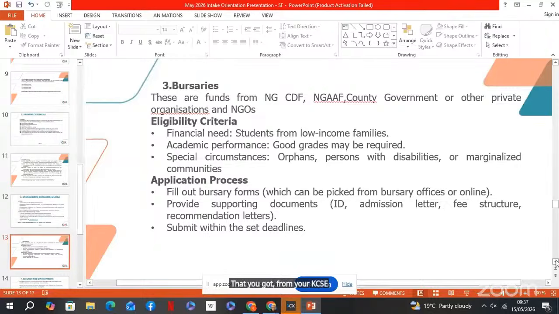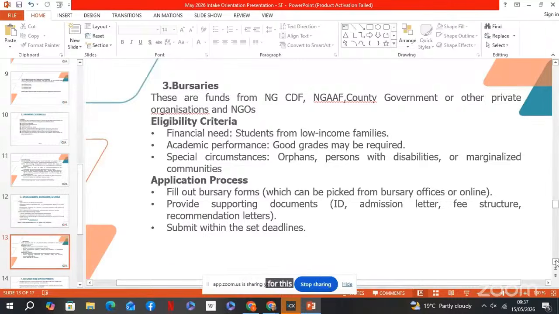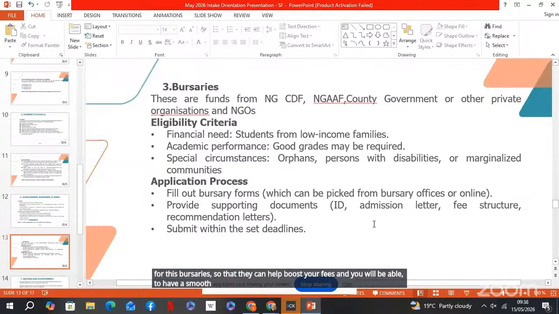And then for those students who are orphans or have disabilities or are coming from marginalized communities, you are encouraged to apply for these bursaries so that they can help boost your fees, and you will be able to have a smooth sailing in this academic journey.